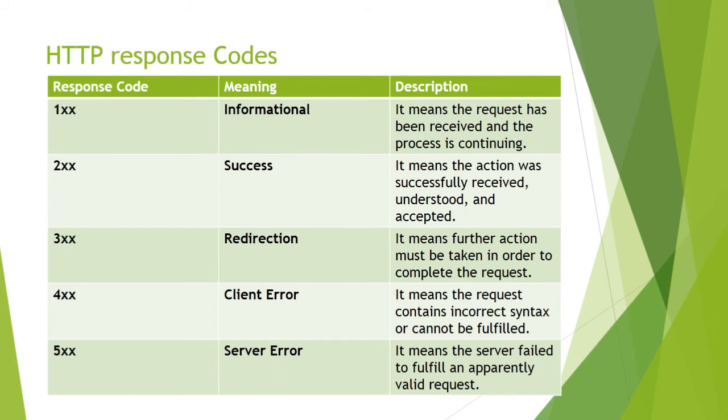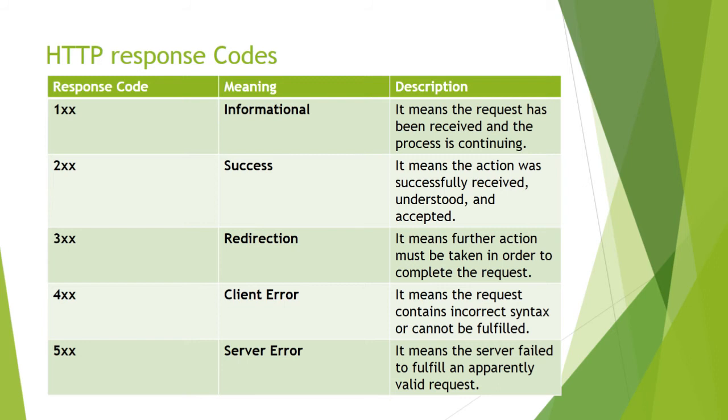If it starts with 1 followed by any two digits, 1xx, that means it is greater than or equal to 100 and less than 200, informational, meaning the request has been received and the process is continuing. When the request object gets response code 2xx, it means success. It means the action was successfully received, understood and accepted.